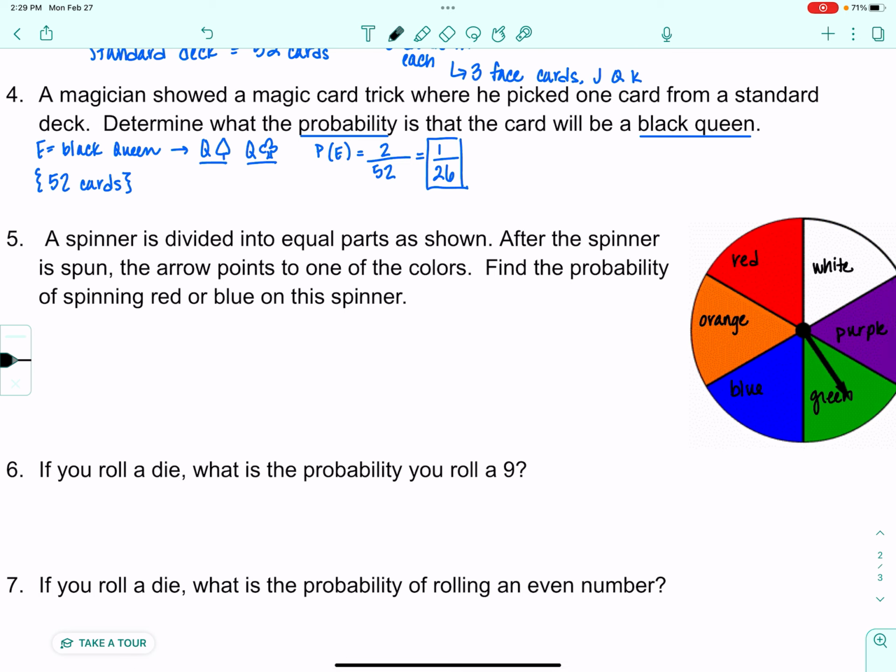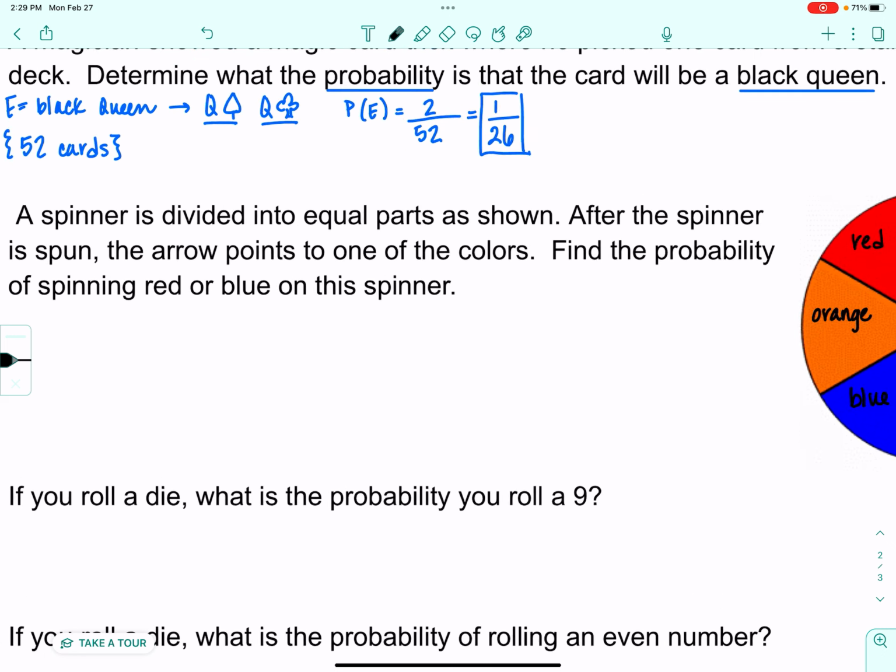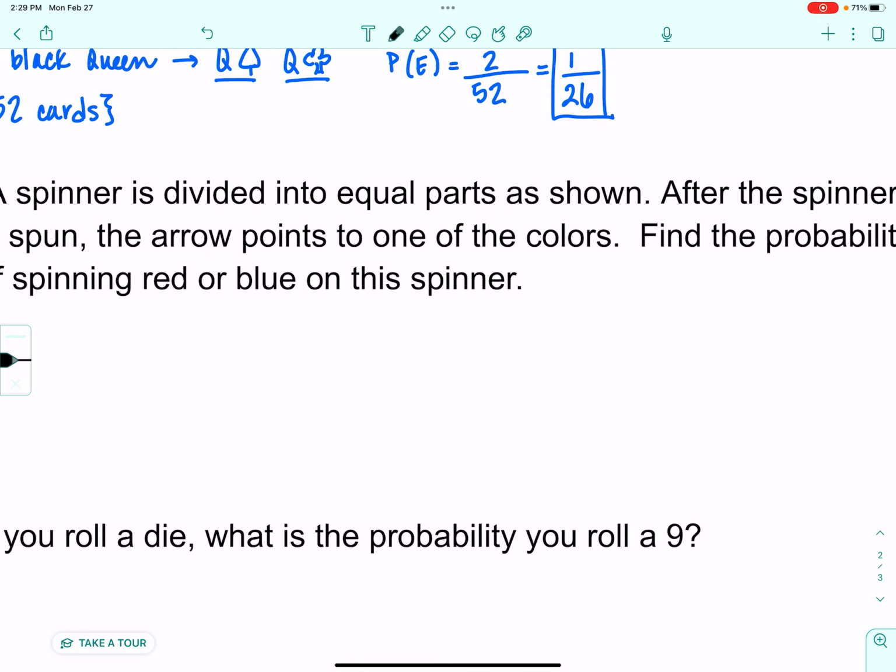After the spinner is spun, the arrow points to one of the colors. Find the probability of spinning red or blue on the spinner.